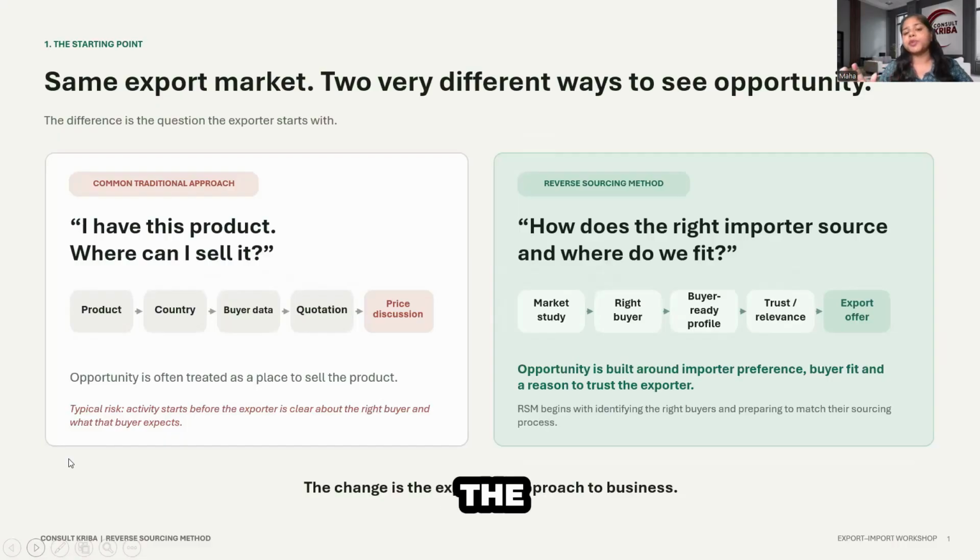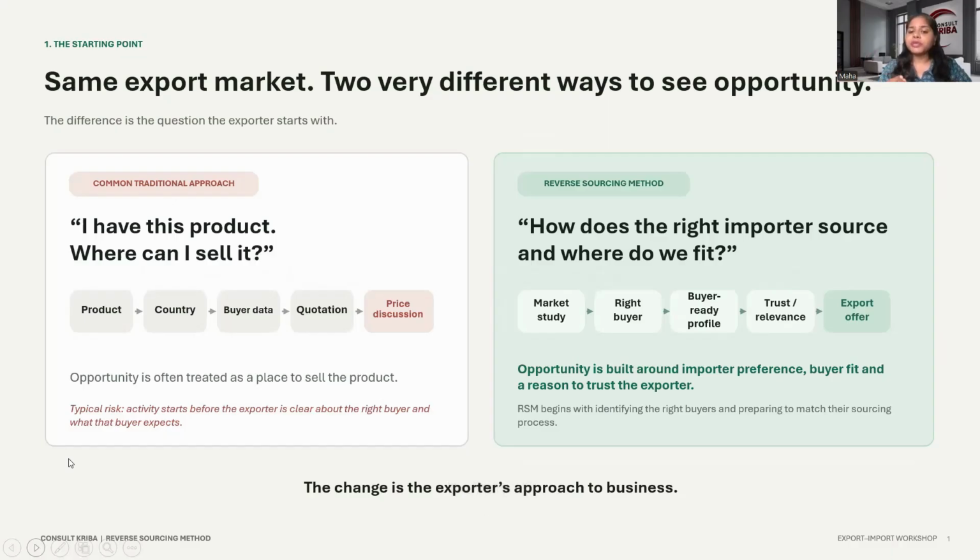Now let's see exporter B, who has the same coconut oil. Instead of finding the buyers' details or the countries which export, the reverse sourcing method starts not with the HS code but with the specification of this product. For coconut oil, there are different varieties: virgin, raw, extra virgin.